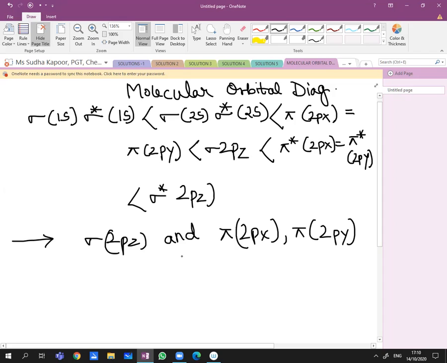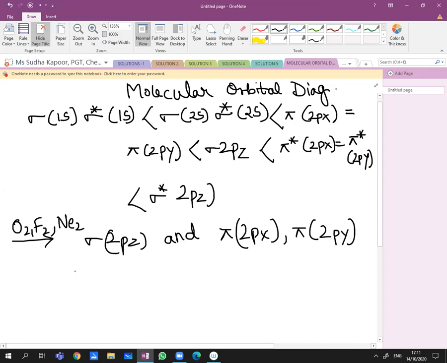But in case of O2, F2, and Ne2, which are molecules having more than 14 electrons, sigma 2pz comes first, and then pi 2px and pi 2py. So these are reversed.